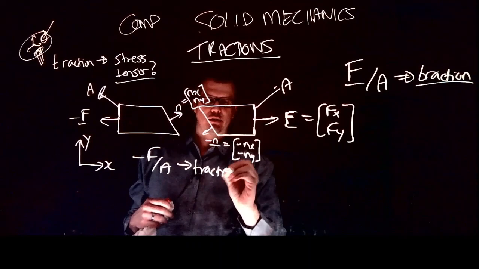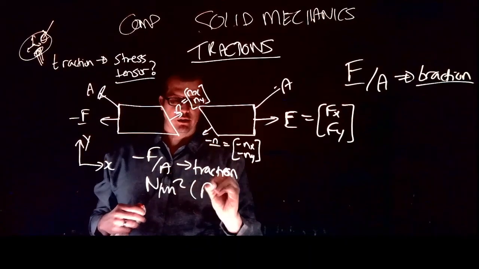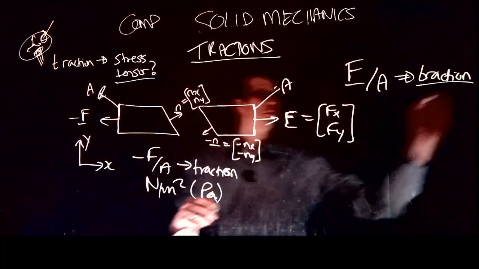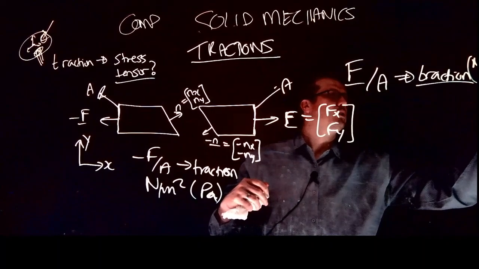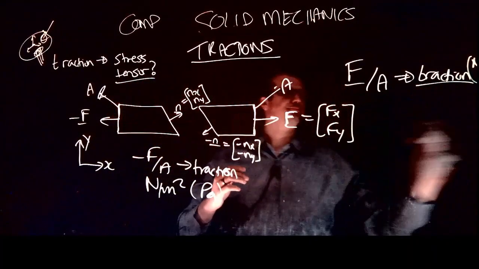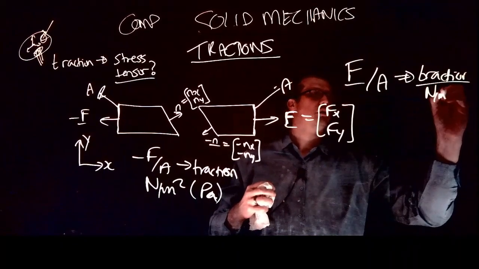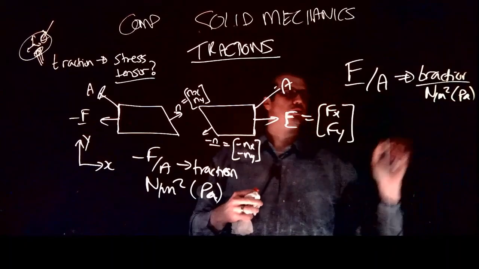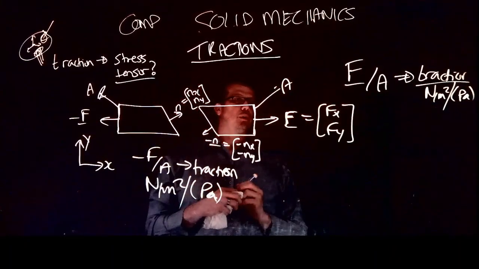All that a traction is, is something with units Newton per meter squared, or Pascal. That's the only difference between a traction and an applied load. This is again just Newton per meter squared or Pascal. So that is important, to make sure that we understand that.